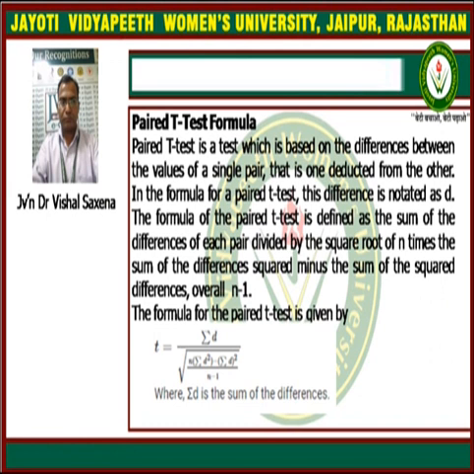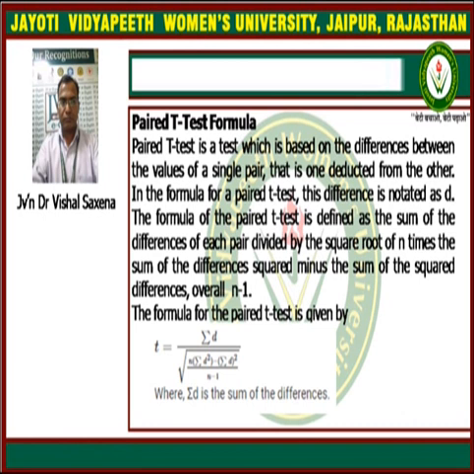So the paired t-test formula. What formula should be taken? The paired t-test is a test which is based on the differences between the values of a single pair, that is, one deducted from the other. In the formula for a paired t-test, the difference is noted as d.